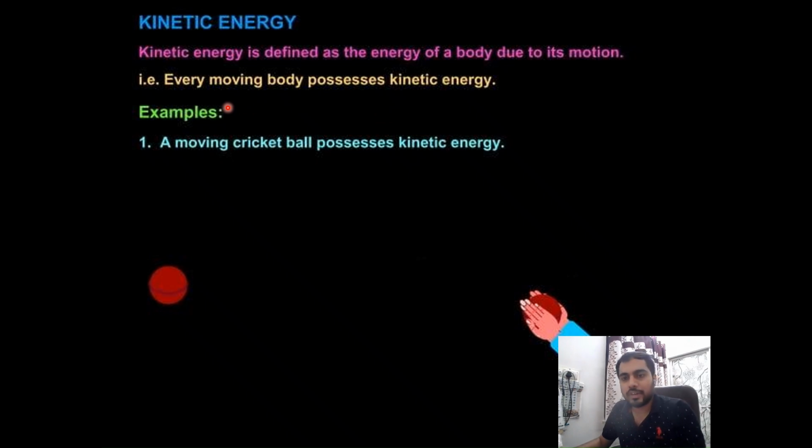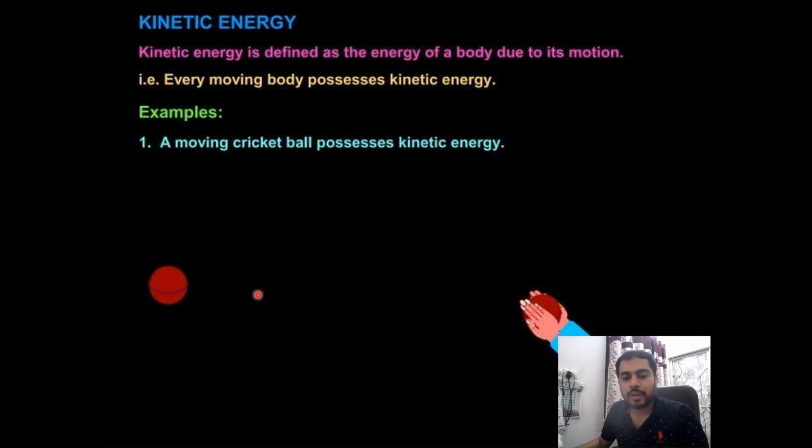Similarly, another form of energy is kinetic energy. When any particular body is in motion, it produces kinetic energy, and its formula we can derive in the subsequent slide. But first of all, let's have an example. A moving cricket ball possesses kinetic energy.